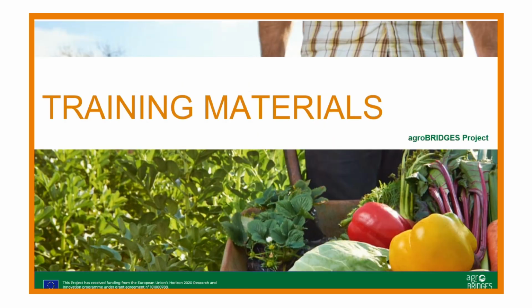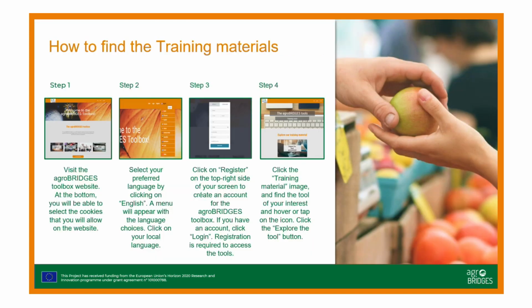The third category of tools is training materials, where only one tool is included, Support for Food Procurement. To find this category of tool, you can follow the steps from the previous cases detailed in the guide.